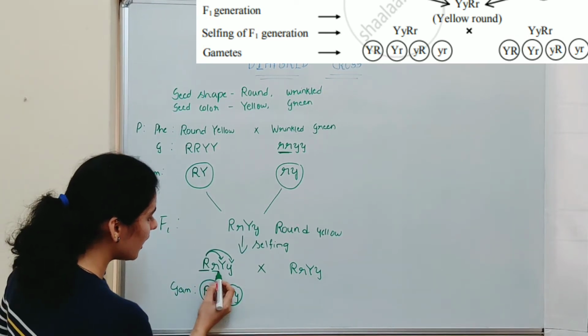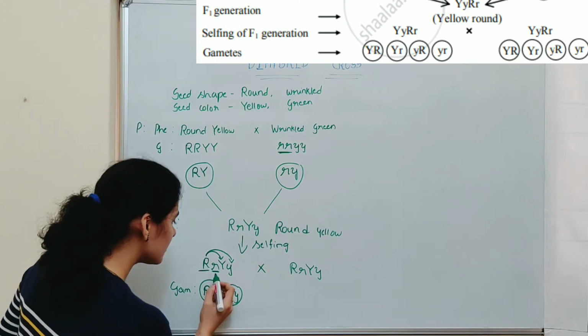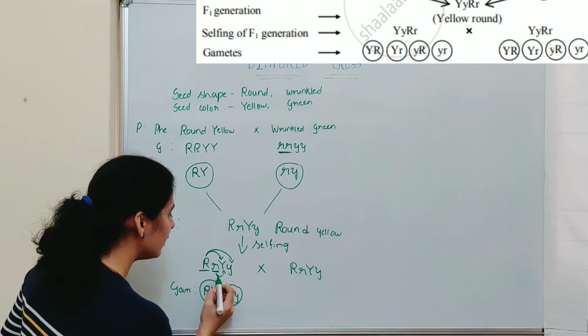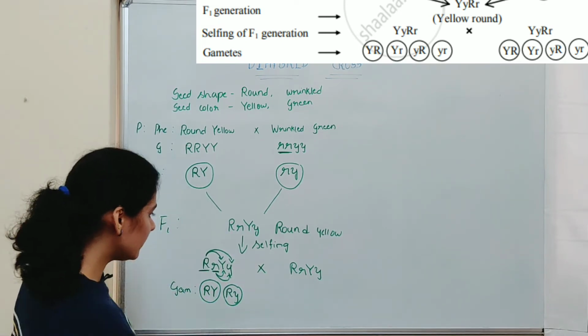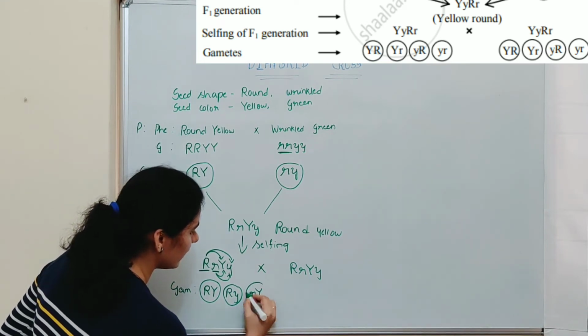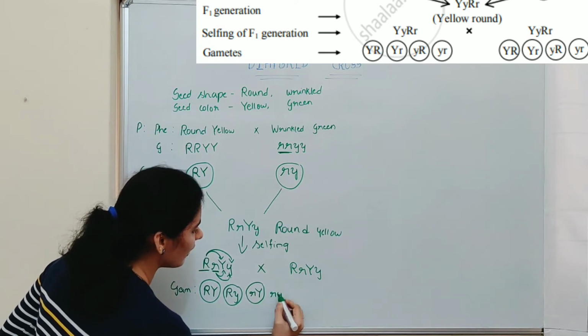Similarly, the small r, which is responsible for the shape of the seed, has an equal chance, that is 50%, of combining with the capital Y and an equal chance of combining with the small y. So when it combines with the capital Y, it produces small r, capital Y, and when it combines with the small y, it produces small r, small y.